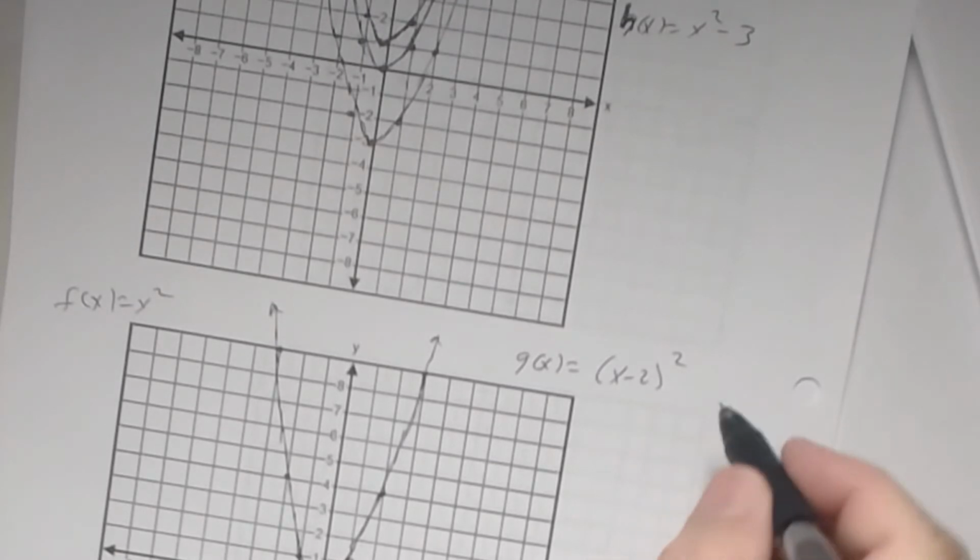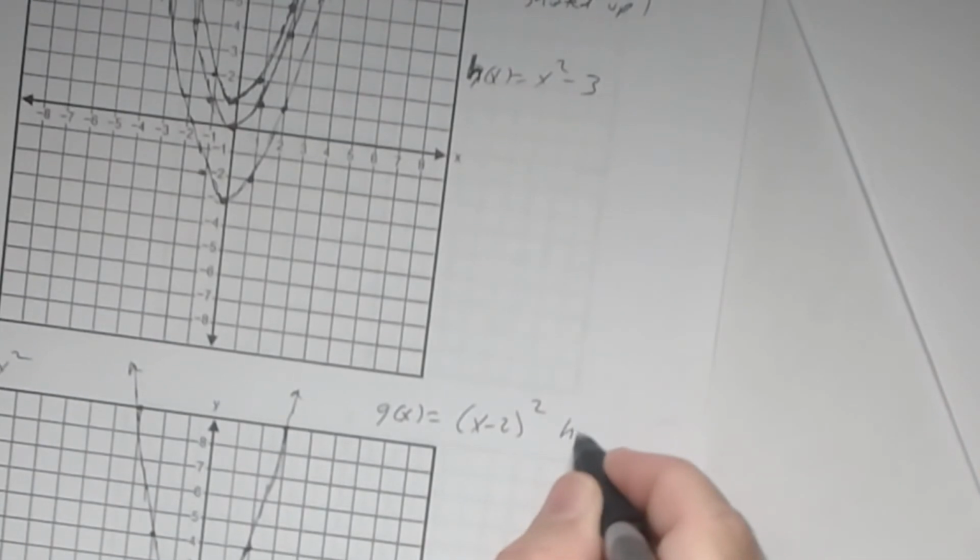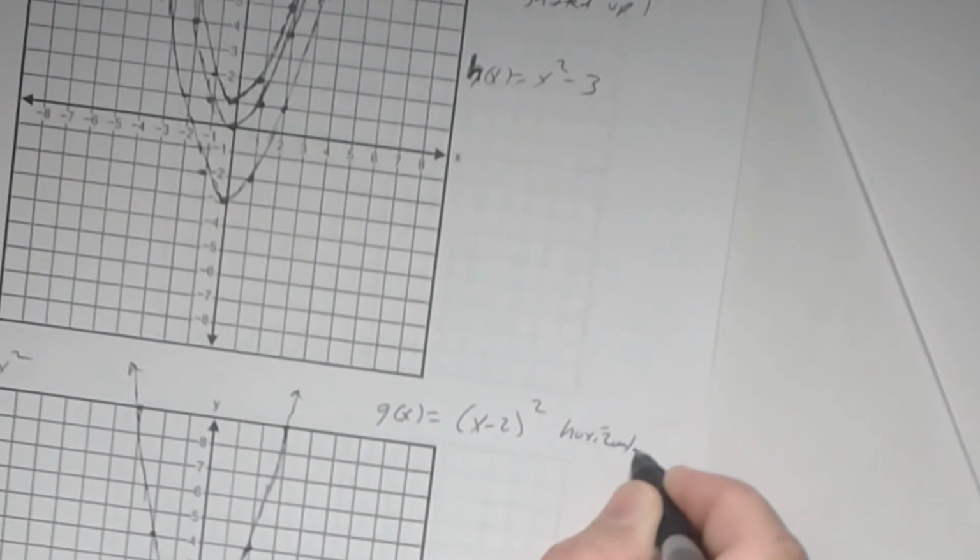Is negative 2 on the outside of x squared? No. Negative 2 is inside the parentheses, being subtracted from x before it's squared, right? So that is going to be a horizontal shift. So let's talk about horizontal shifts. All right, so this is a horizontal shift, 2 places to the left.